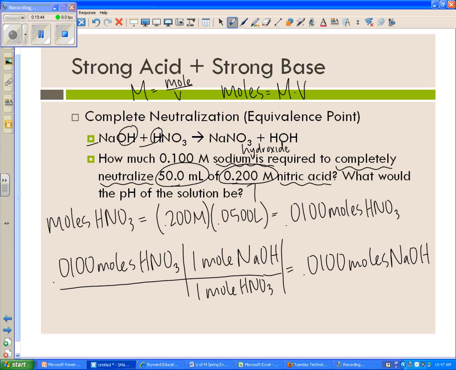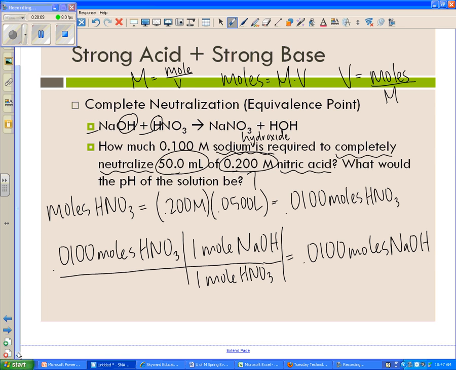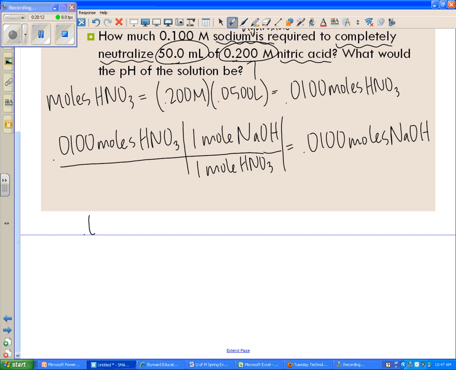Now I have moles of sodium hydroxide, and I know the molarity of sodium hydroxide. If I know moles and I know molarity, how do I find volume? Moles over molarity. So 0.0100 moles of sodium hydroxide divided by the molarity of this sodium hydroxide.